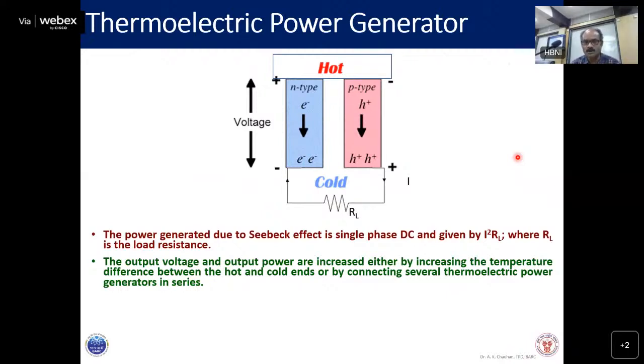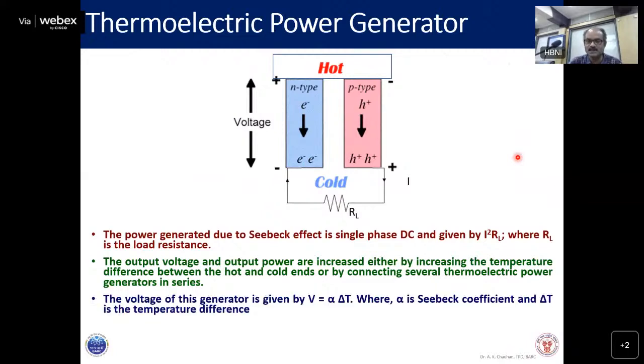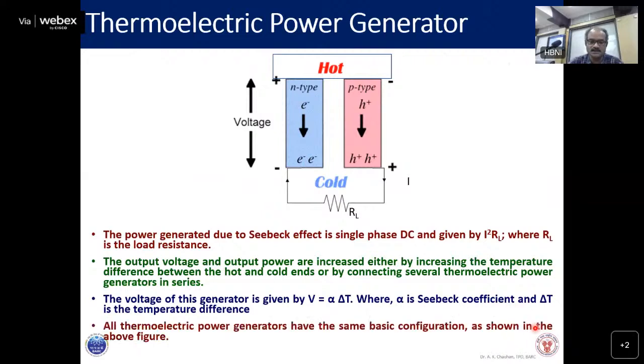So you can increase the power either by connecting several thermal generators in series or parallel, or by increasing the temperature difference. As we know, the voltage is given by delta T times S, or alpha, where alpha is the Seebeck coefficient and delta T is the temperature difference.